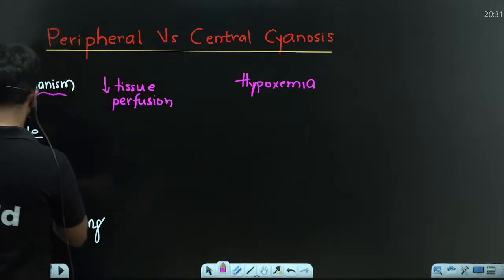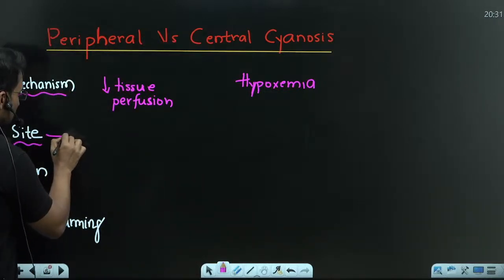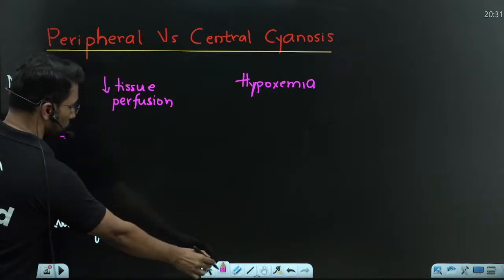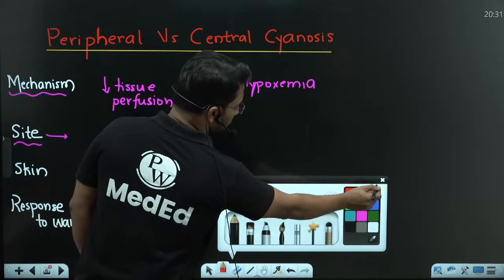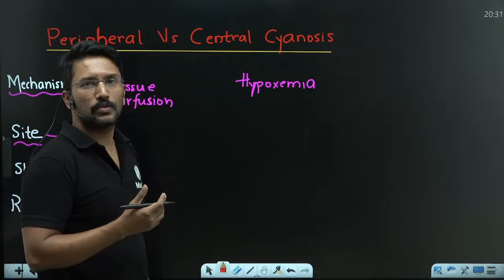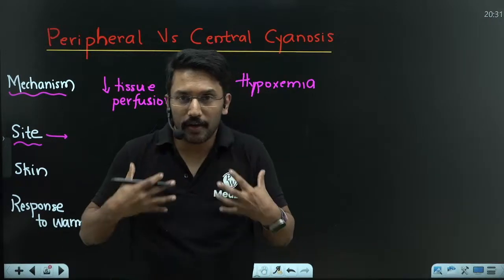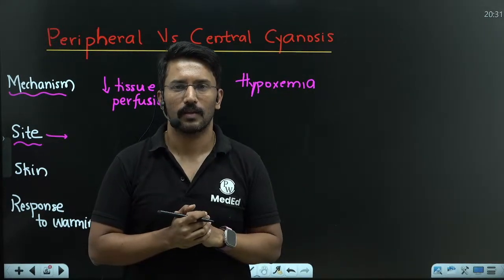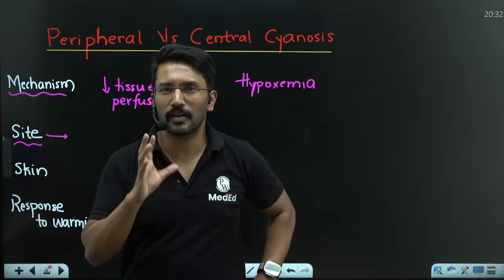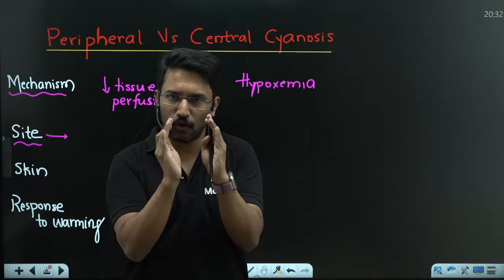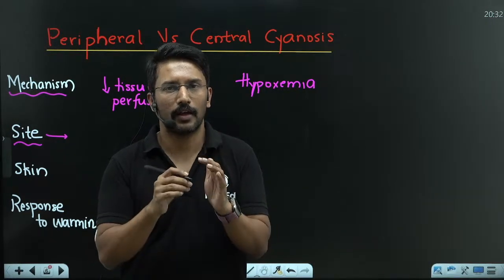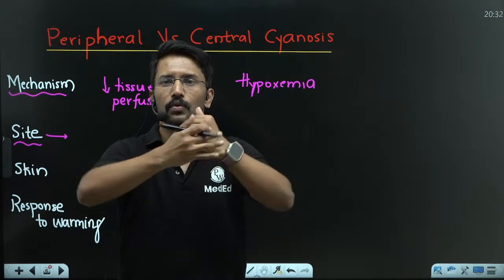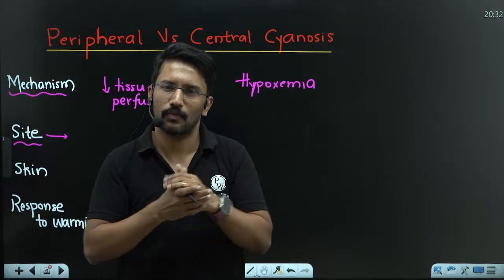Hypoxemia is the mechanism behind central cyanosis. Okay. Now, at what site will I see the bluish discoloration? When it comes to peripheral cyanosis, which tissues are likely to get hypoperfused? Is it the core central vital organs of the body, or the distal most parts of the body? See, if the body has to make a decision that I have only a small amount of cardiac output and I have to give it to either major vital organs or the distal most parts of the body, which will be compromised?